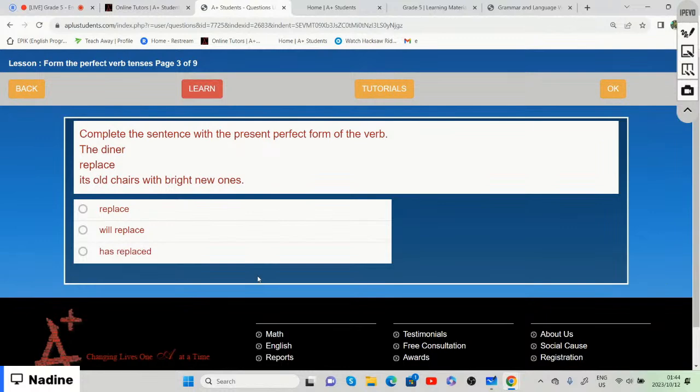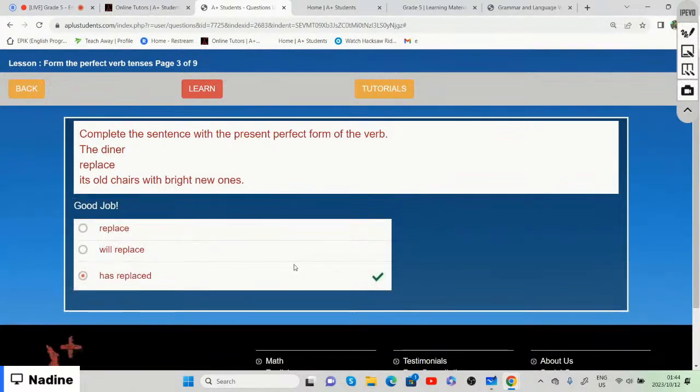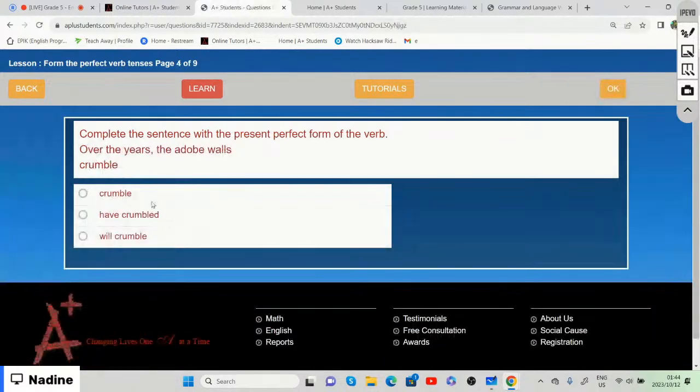All right, so if we choose our correct present perfect form of the verb, we will say has replaced, which is C. And well done, that is correct.